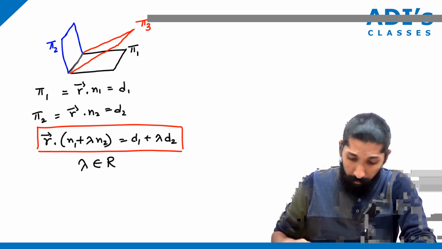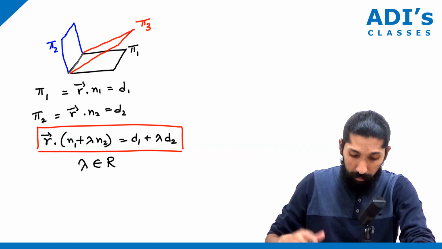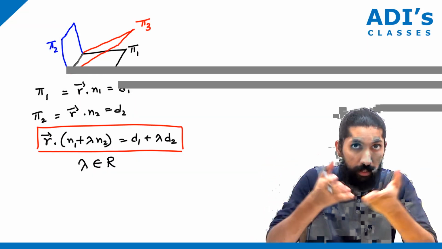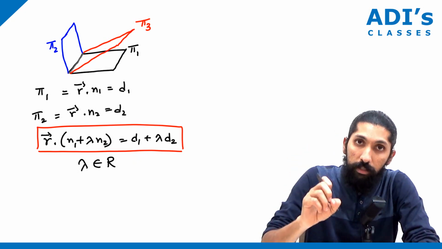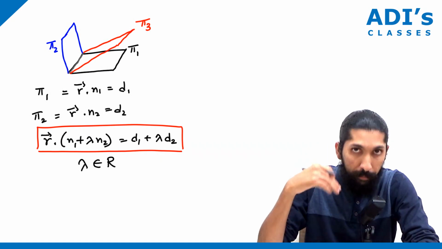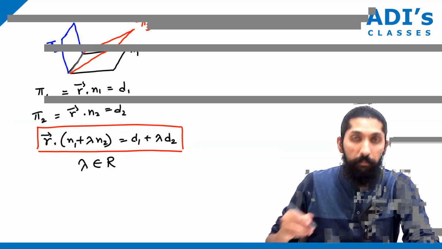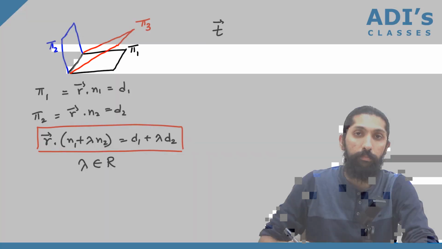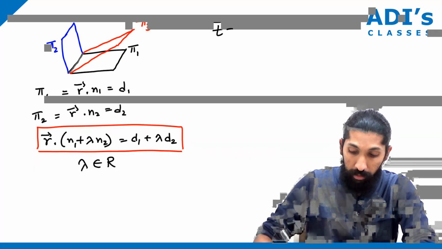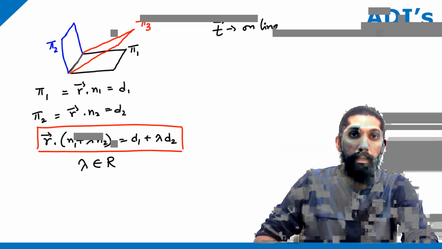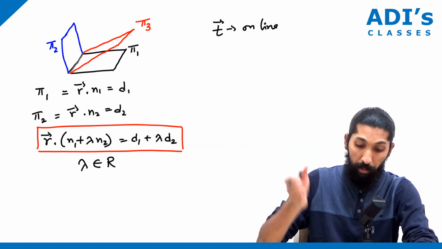Okay. Now you know that the line which is created by the intersection of the planes has to pass through some point, correct? Say that some arbitrary point is T, assume. Now T is a point on the line. And where is the line created? The line is between pi 1 and pi 2.